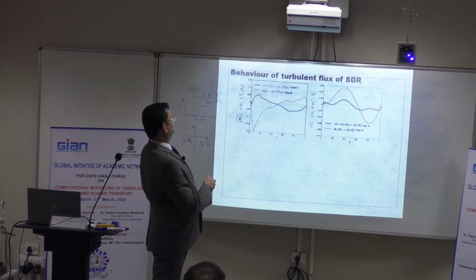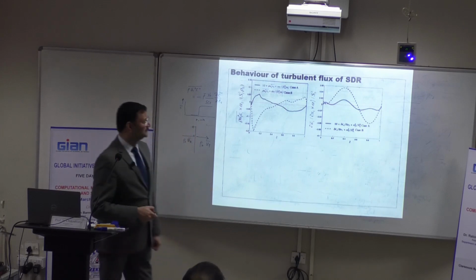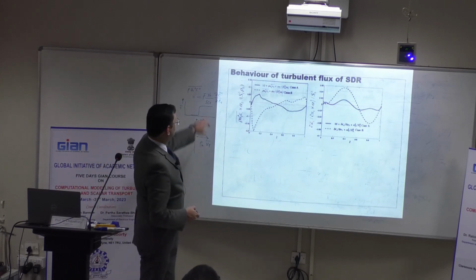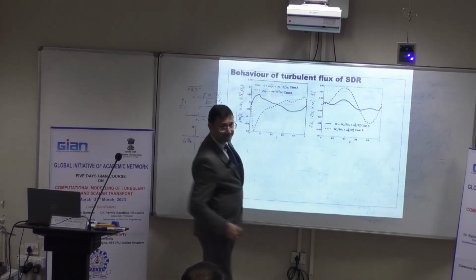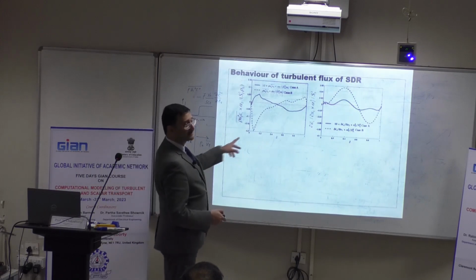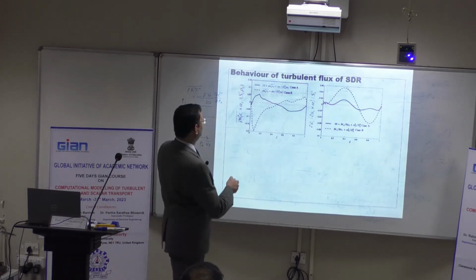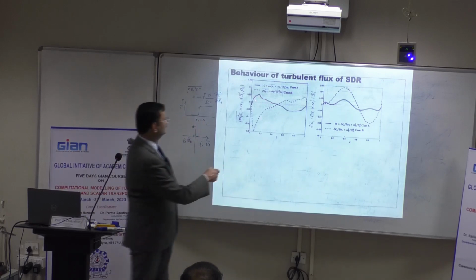If you look at the scalar flux of the scalar dissipation rate, and effectively following the same analogy, if I look at the gradient of scalar dissipation rate, you will see they are of similar sign, at least for case A, the solid line.